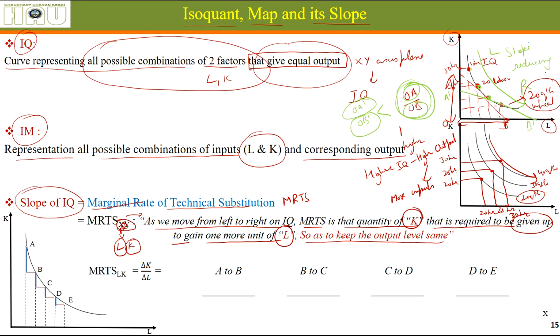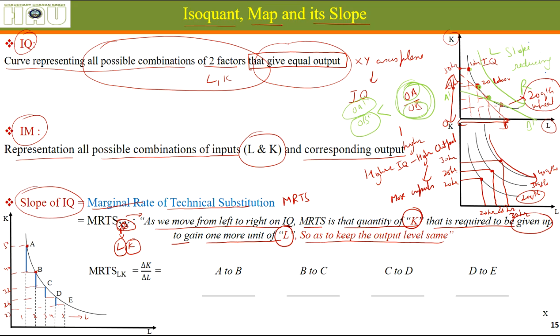So just understand from this point, let's say we are moving from A to B. These are the quantity of labor and this is the quantity of capital. Let's say it is 50, it is 40, it is 32, it is 26, and this is 23.